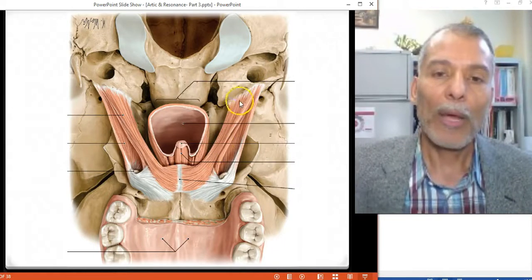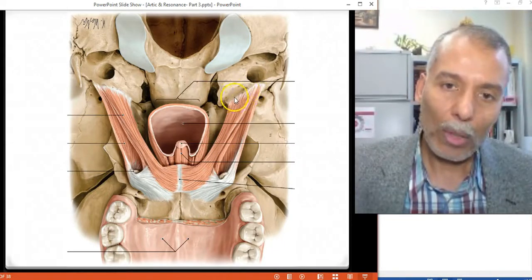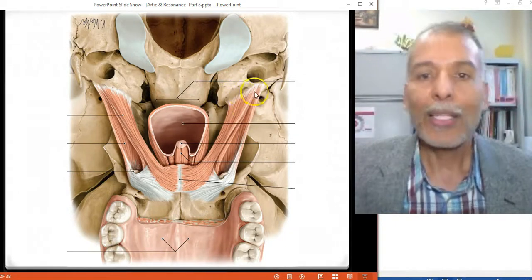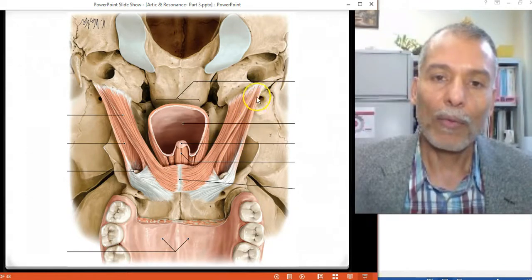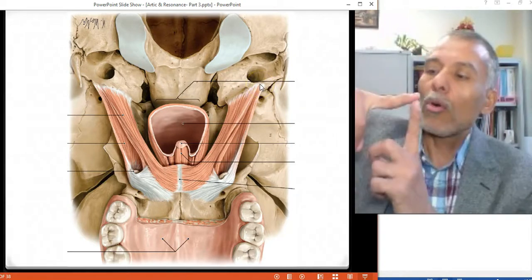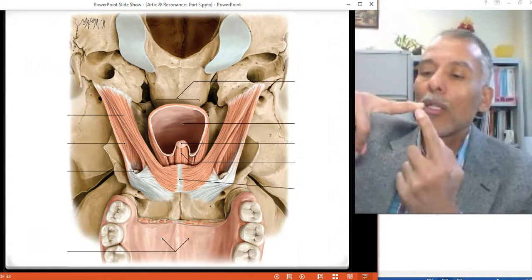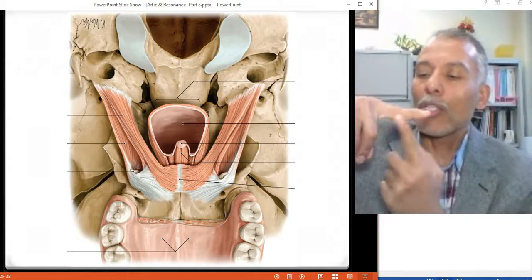The levator veli palatini is attaching all along the lateral wall of the eustachian tube, and right behind it is the tensor veli palatini, and the insertion is all along the cartilaginous segment of the eustachian tube.